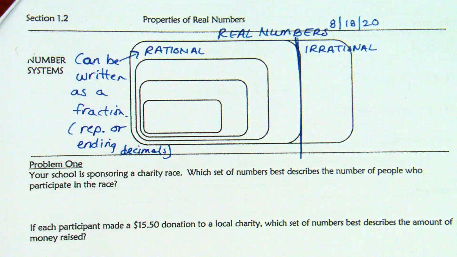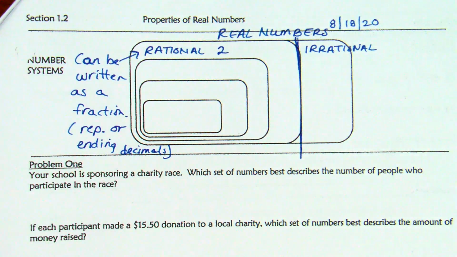Can 2 be written as a fraction? Yeah, because 2 can be written as 2 over 1, right? So 2 is an example of a rational number. What else? 4. 76. Okay, so any whole number can be written as a fraction, right? It is rational.